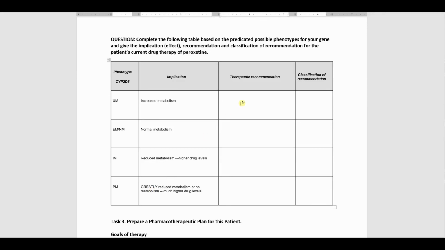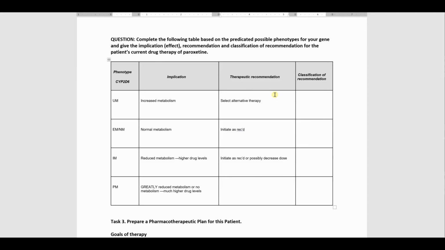So what do we think the therapeutic recommendation, if this patient landed in each of these given phenotypes, would be? Really, it would be select alternative therapy, if possible. This would probably be initiate as recommended. We'll say that. This one could be possibly one of two ways: initiate as recommended, or possibly decrease dose.